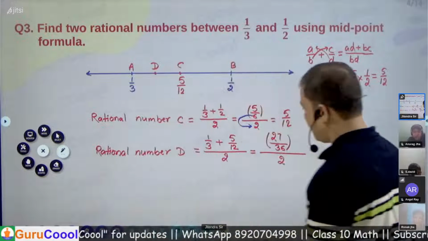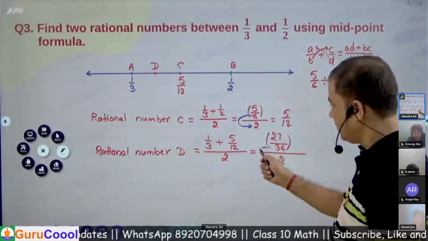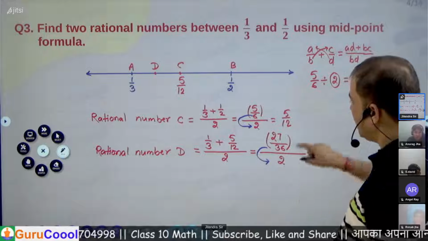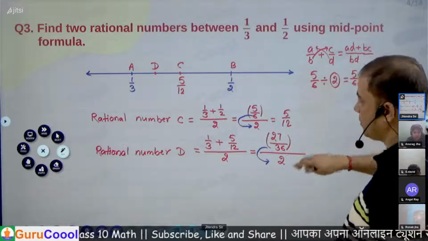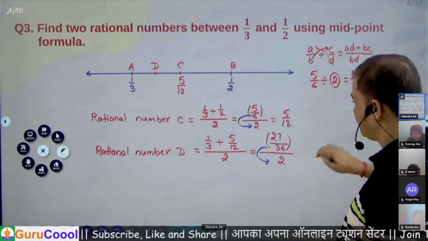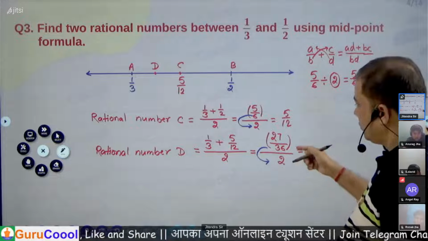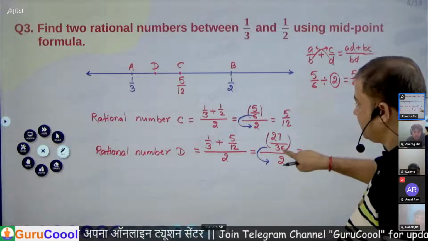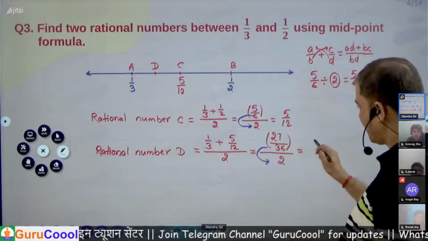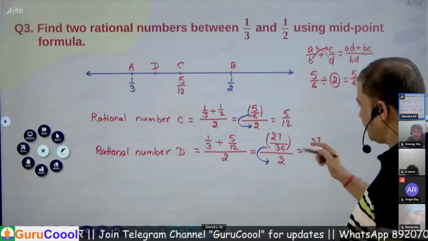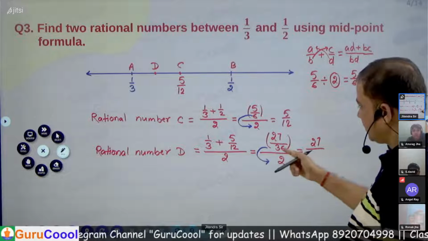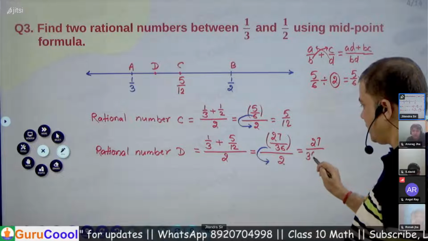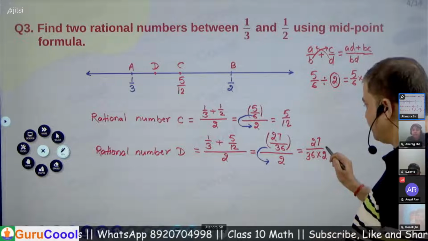Now what will happen? 36 will come in the denominator to multiply, just like that shortcut I suggested. Or you can do it this way also. It is your choice which method you apply. Before taking 36 in the denominator, you can cancel out also. 27 will remain in the numerator, 36 will come in the denominator to multiply, so we have 36 multiplied by 2.